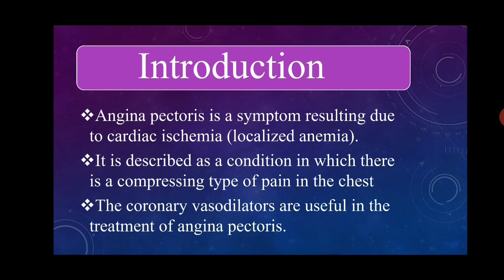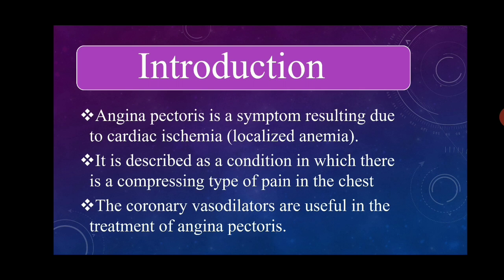First, introduction of angina pectoris. Angina pectoris is a symptom resulting from cardiac ischemia. It is not a disease or disorder, only a symptom of cardiac ischemia. Cardiac ischemia means coronary heart disease, meaning damage or disease in the heart's major blood vessels.